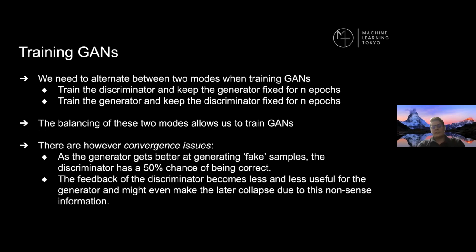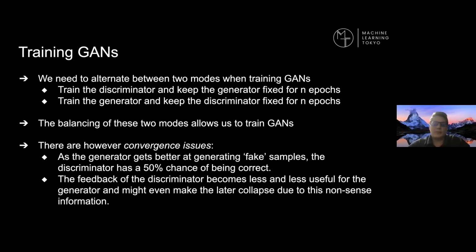So how should we train this system? It's a little bit hard because we have to do two things at the same time, right? We have to train the discriminator, which needs to distinguish the images, but we also need to train the generator, which needs to generate new samples for us. So the idea is that we are actually going to fix one of these two and then train the other one.